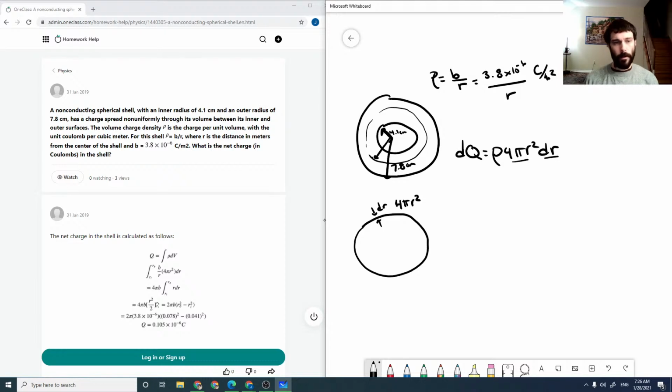Then our total charge is the integral of this expression from RA to RB.